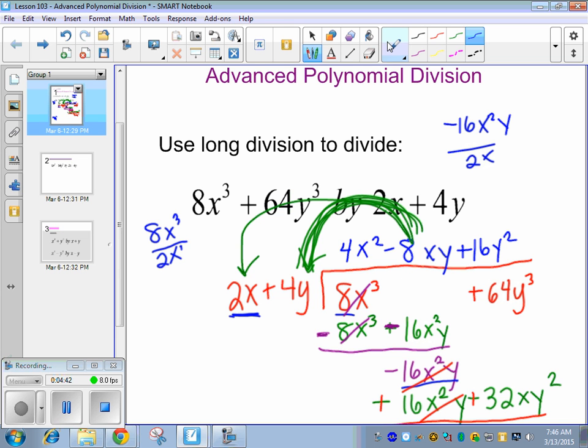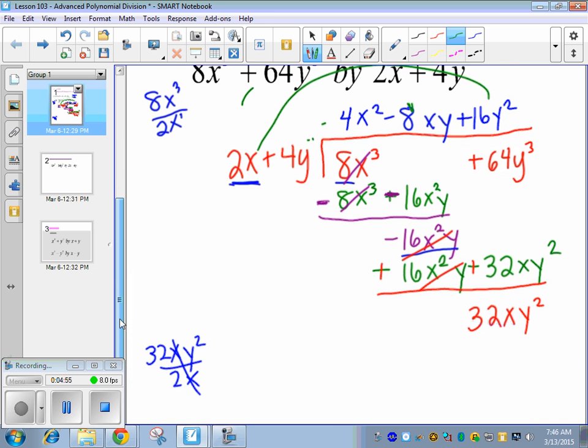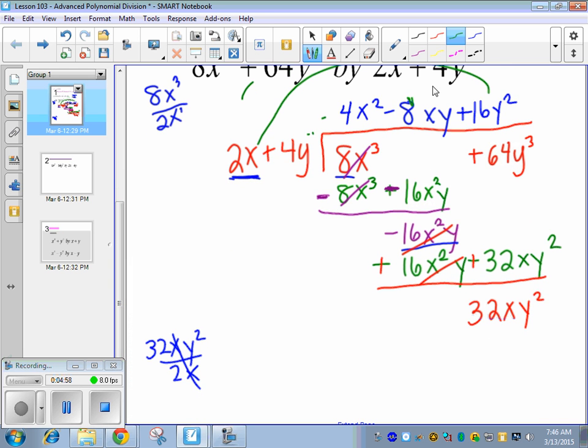After we write it up top, we multiply it back through times both terms. 16y squared times 2x is 32xy squared, which should match this. Then 16 times 4 is 64, and y squared times y is y cubed. Once this matches, you can bring that one down.